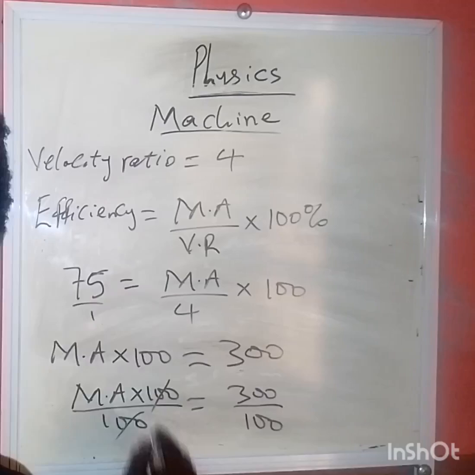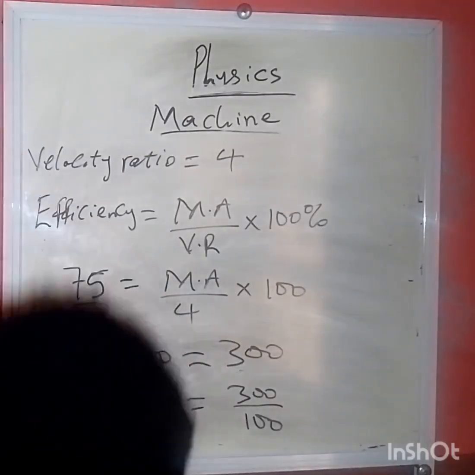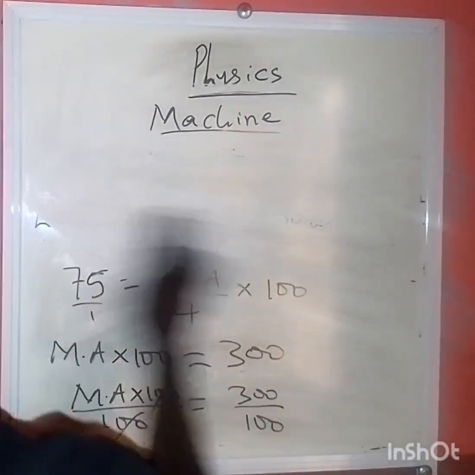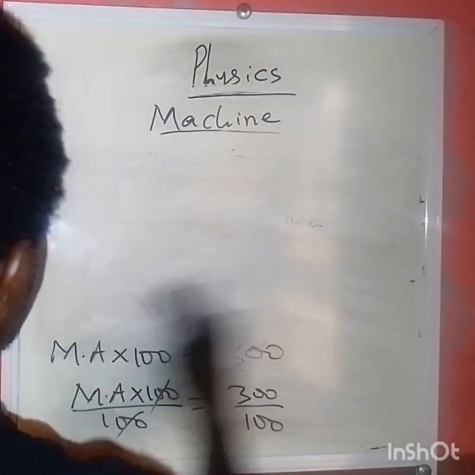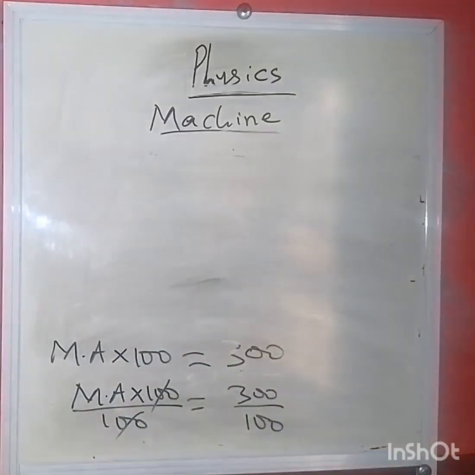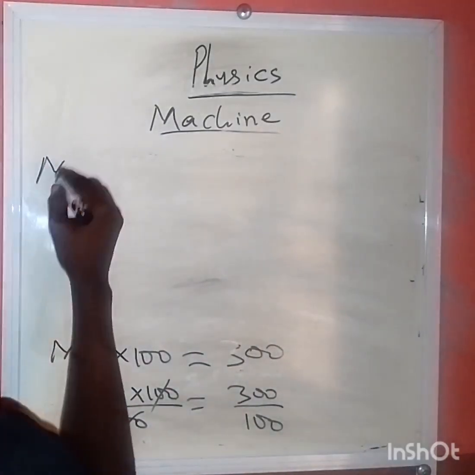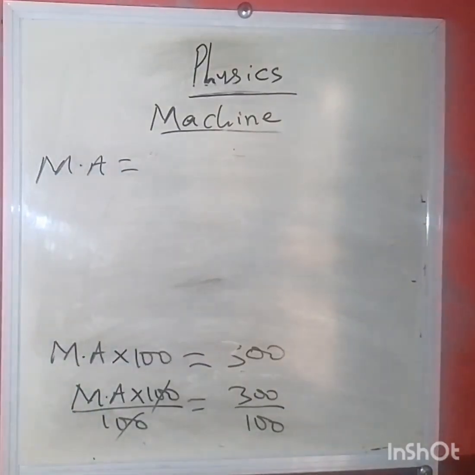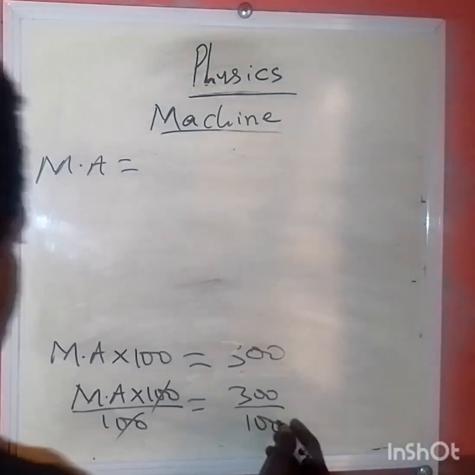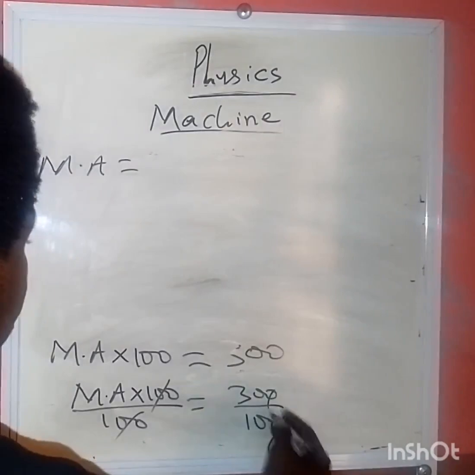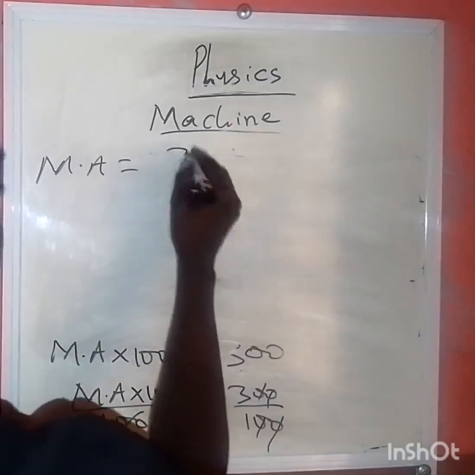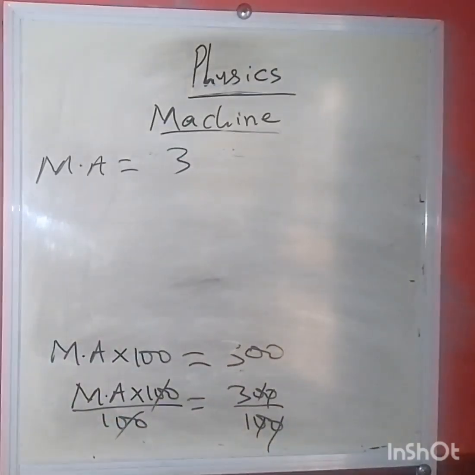So we are going to be left with mechanical advantage on the left hand side, which is equal to, let us divide this one. 0 cancels 0, this 0 cancels 0. So we are going to be left with 3. So our mechanical advantage is 3.